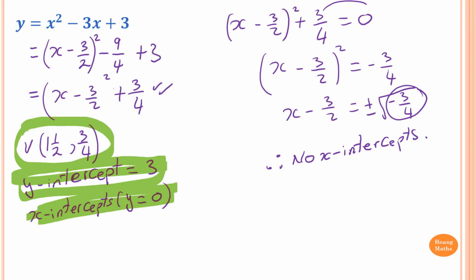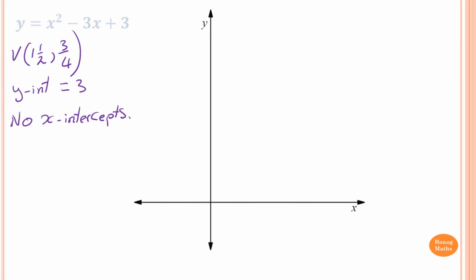So now we can just plot this graph. So the vertex is 1.5, so roughly here, and 3/4, so here somewhere. And then the y-intercept is 3, which is up there. So I just quickly connect together like this, and then that's all.